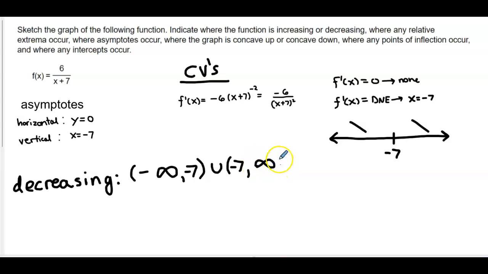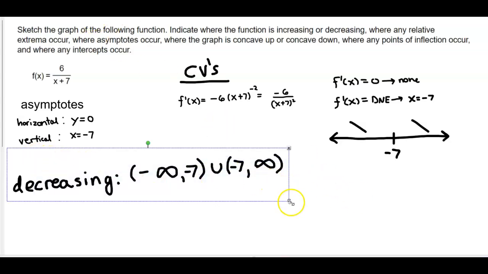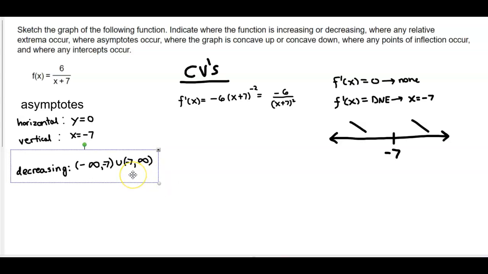At -7 itself, we've got a vertical asymptote. So it's likely the function looks something like this, perhaps, right? Always decreasing, but over -7, the function doesn't exist. So we've got our interval of decrease, and as far as our intervals of increasing is concerned, we would just say it's never increasing.